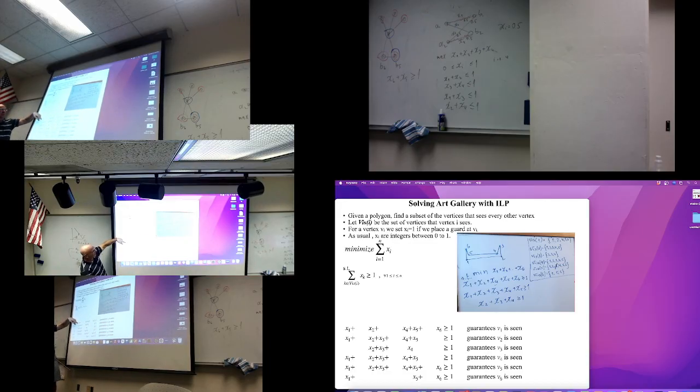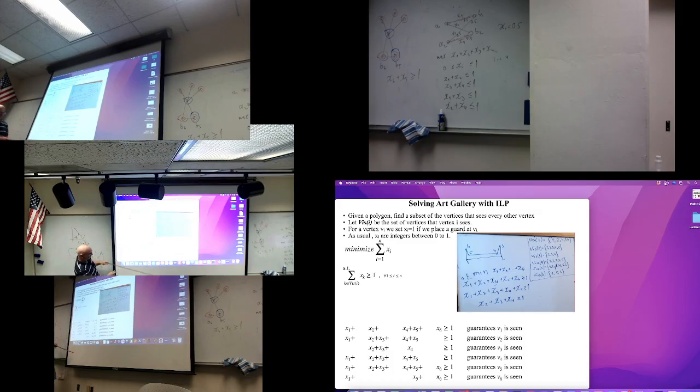But if I place a camera, a guard on vertex 3, it doesn't help me to see vertex 1. They don't see each other. So x_i, as you guess, is 1 if and only if vertex i is picked. x_i is 0, meaning vertex i is not picked.